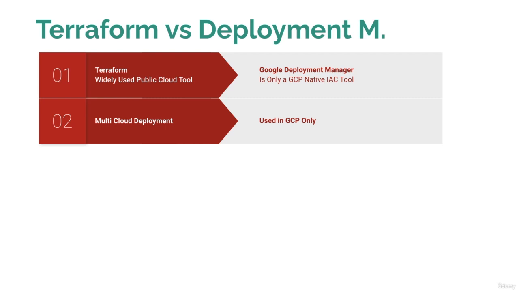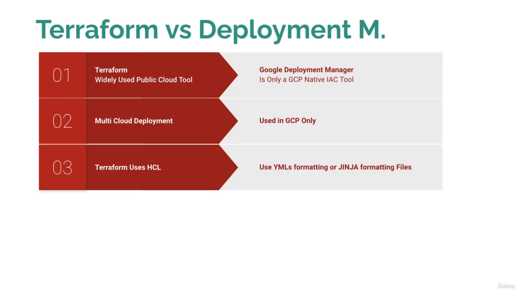And there are many fundamental differences as well, which make Terraform more useful compared to Google Deployment Manager. Another high-level difference is that Terraform uses HCL. HCL means HashiCorp Configuration Language, and you will get a very handy document on HCL for each cloud provider, either GCP, Azure, AWS, or Oracle Cloud.